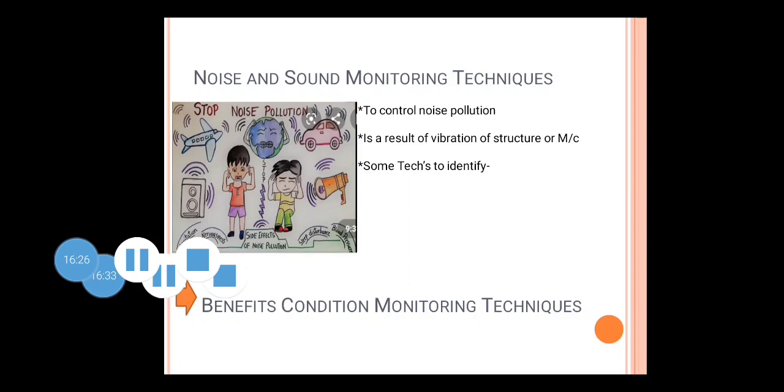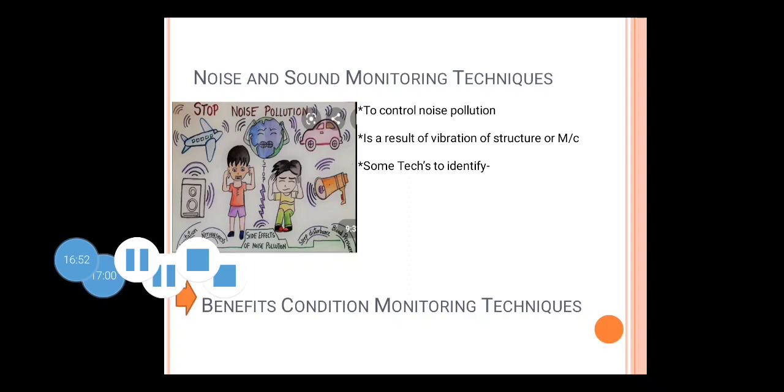So noise and sound play a very important role in systems. If the system is continuously vibrating, then definitely noise will exist. That directly leads to damage to the jobs as well as possible damage to parts of the machines. So the noise and sound monitoring method is one of the important methods in monitoring systems.